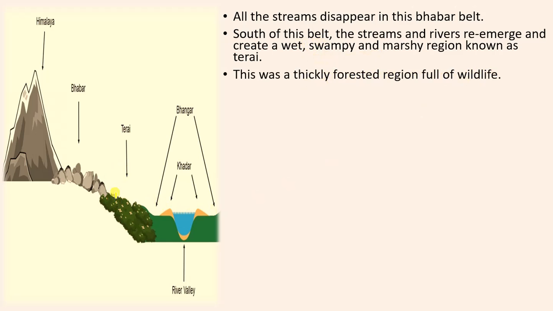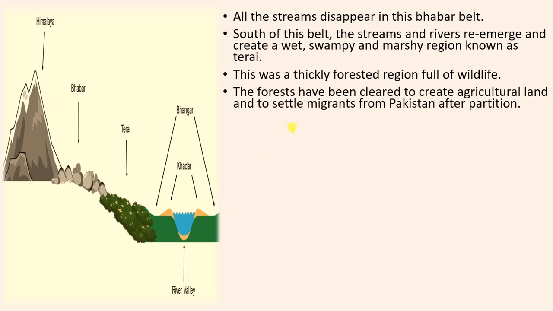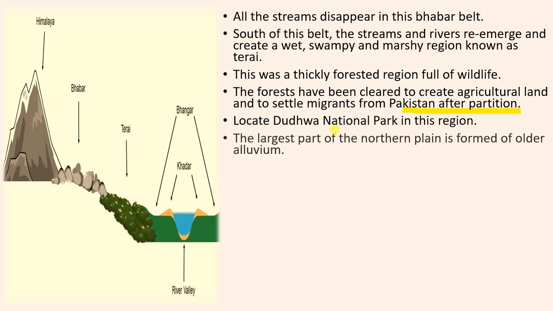Earlier, this was thickly forested and full of wildlife, but the forests have been cleared to create agricultural land and to settle the migrants from Pakistan after partition. So locate Dudhwa in this region only, the Uttarakhand part, where the Dudhwa National Park is available.